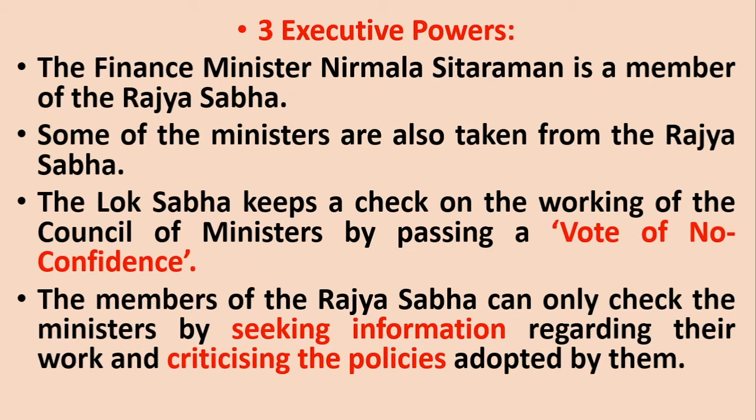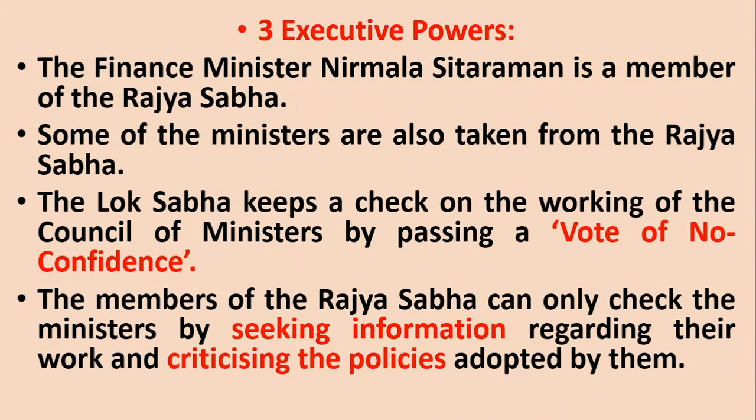The executive powers continue. The finance minister at present, Nirmala Sitharaman, is a member of Rajya Sabha. This year's budget was introduced by her, but she is a member of Rajya Sabha. Some of the ministers are also taken from Rajya Sabha. The Lok Sabha keeps a check on the working of the Council of Ministers by passing a vote of no confidence.